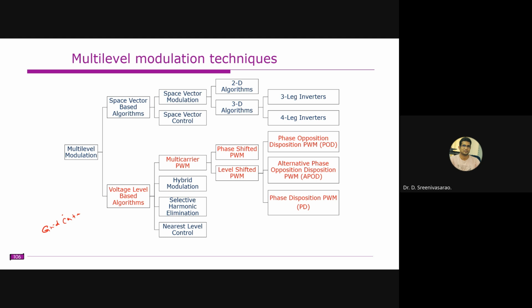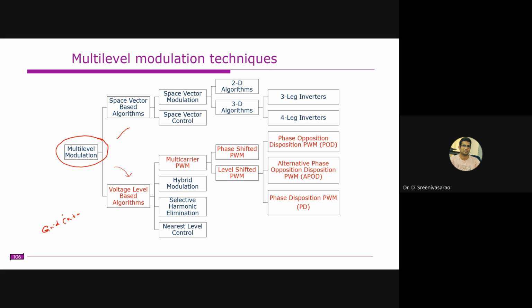So we need to make some modifications. This is known as the multi-level modulation techniques. There are basically two types: the space vector based algorithms and the voltage based or voltage level based algorithms.